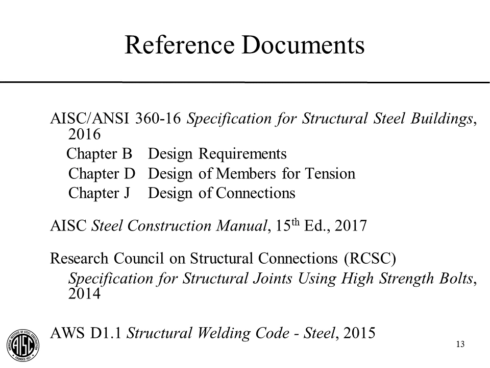We'll mention several times the Research Council on Structural Connections, or RCSC, specification for structural joints using high-strength bolts, 2014 edition. Finally, the AWS D1.1 is a very important document for steel connection design. I'll just mention it there, although we won't be referring to it.